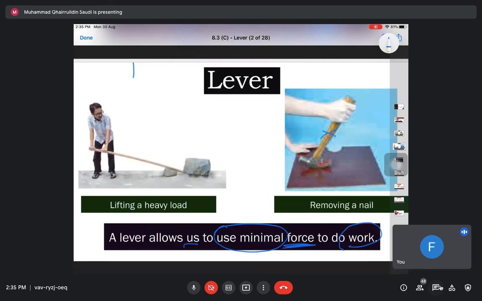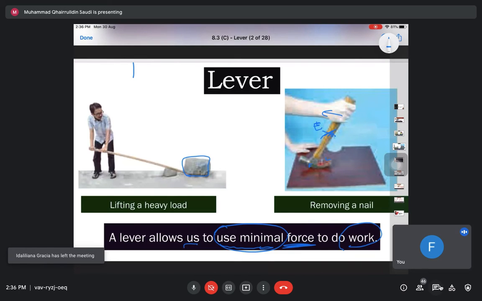But if you use a hammer and make a simple machine, where you have the fulcrum, the effort, and the load, you will just use minimal effort. Untuk awak tarik ke tepi saja, the effort needed is very minimal compared to pulling the nail with your hand only. So the effort will be reduced. It allows us to use minimal force to do work. Sama juga to lift this big load.